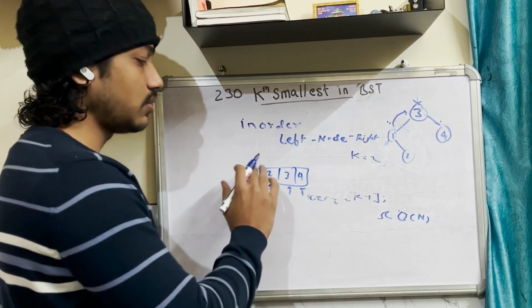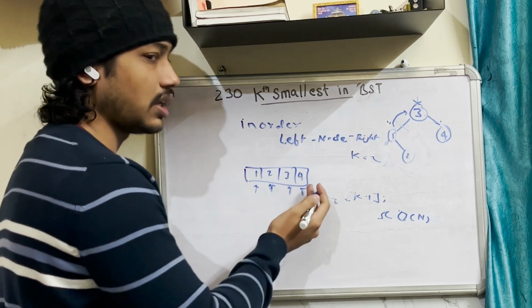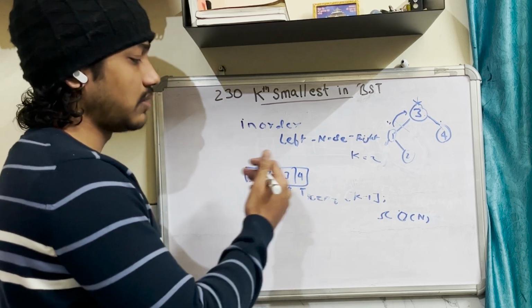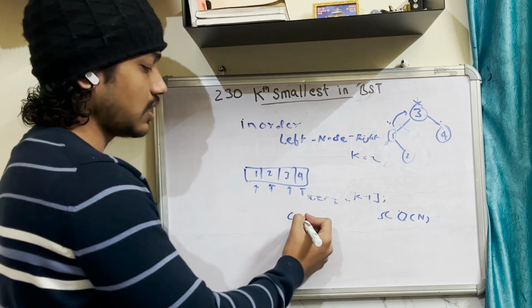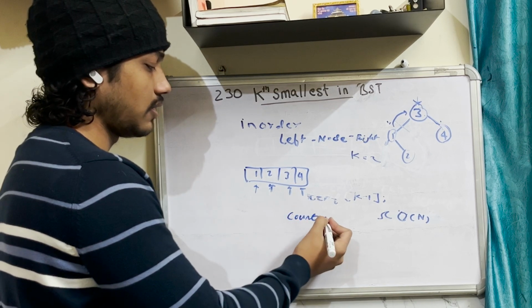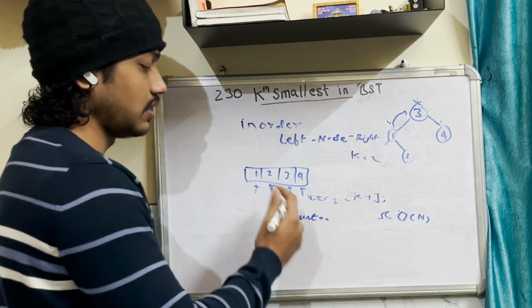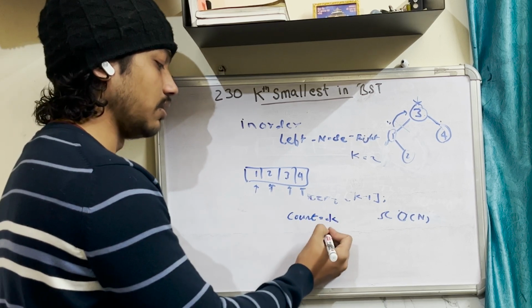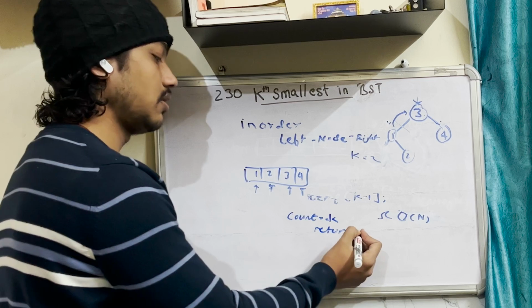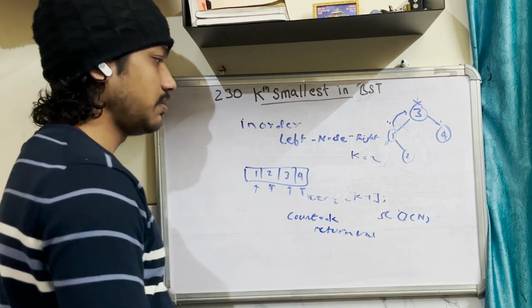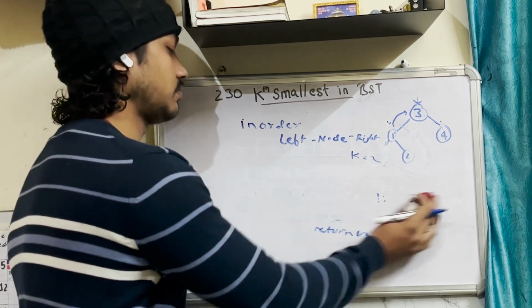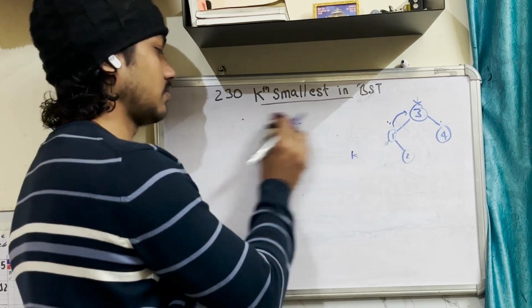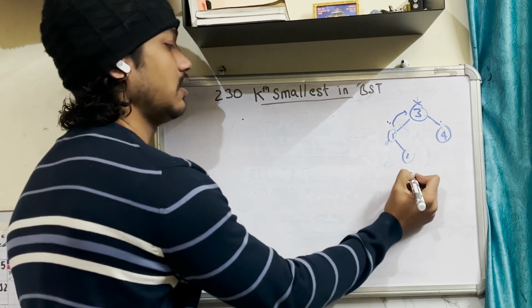Somehow we don't want to store these values in our array, we just want to have the count, and whenever our count reaches k, we want to just return that value. So let me just write a pseudocode. I'll write in-order here.